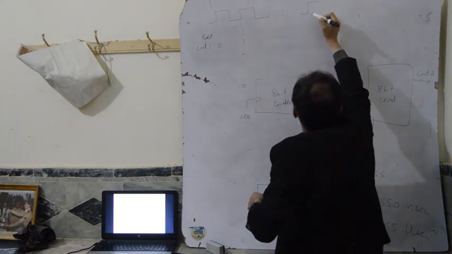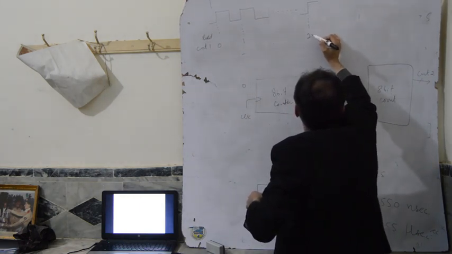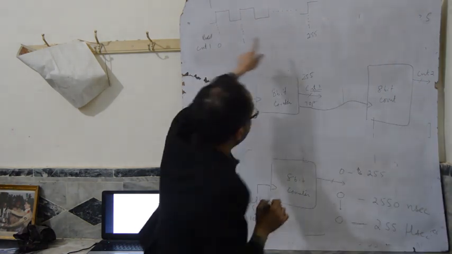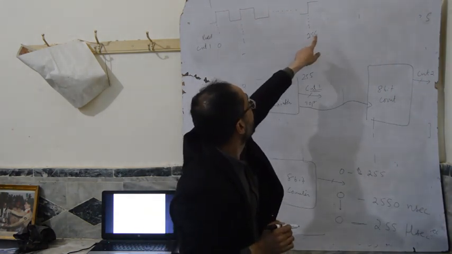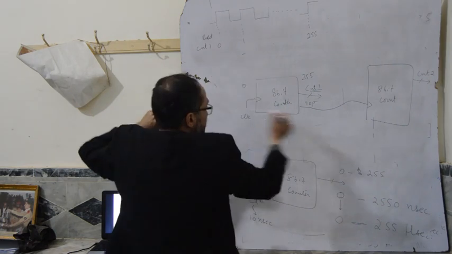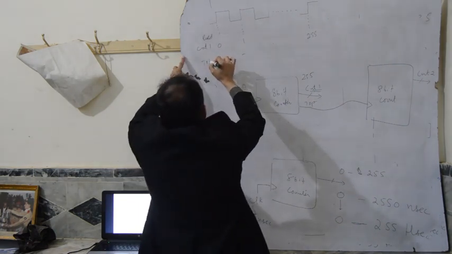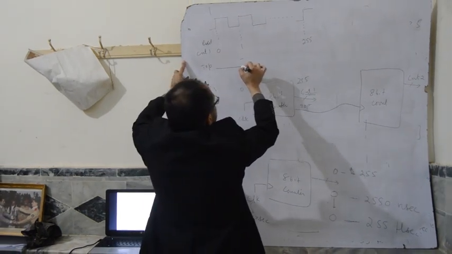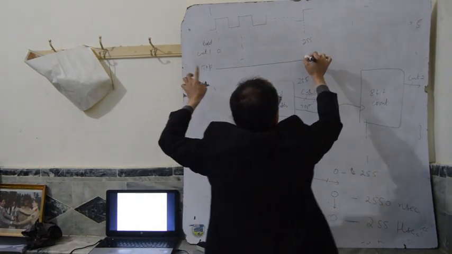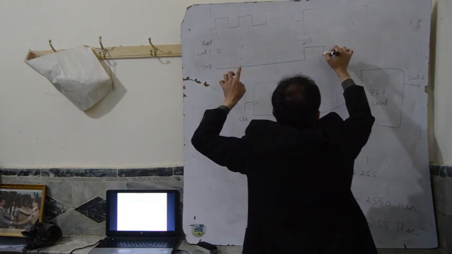When it reaches a count of 255, the top signal will be asserted. The top signal is initially 0, and then it will be asserted for 1 clock duration.